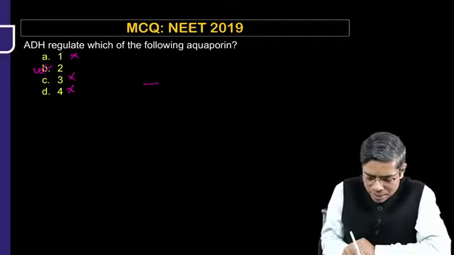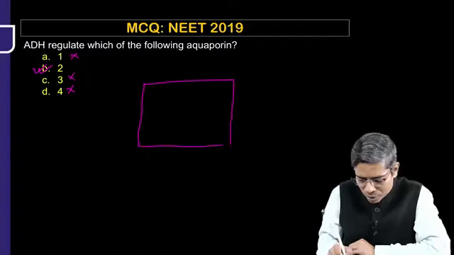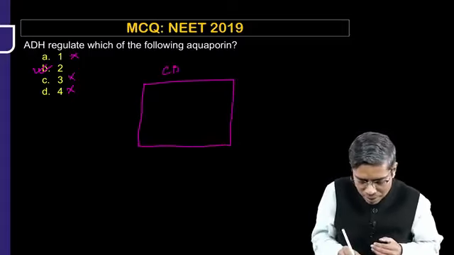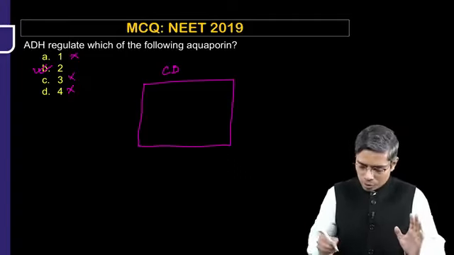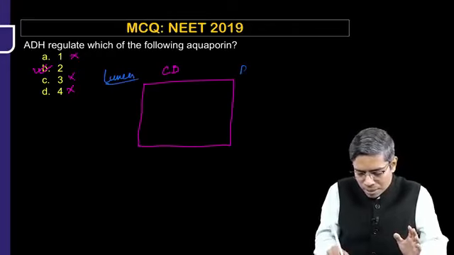You know that ADH has action on which part of the nephron? ADH causes reabsorption of water. In which segment of the nephron? It is mainly at the level of the distal tubule, particularly at the level of the collecting duct. So suppose this is the luminal membrane of the collecting duct and this is the basolateral membrane.